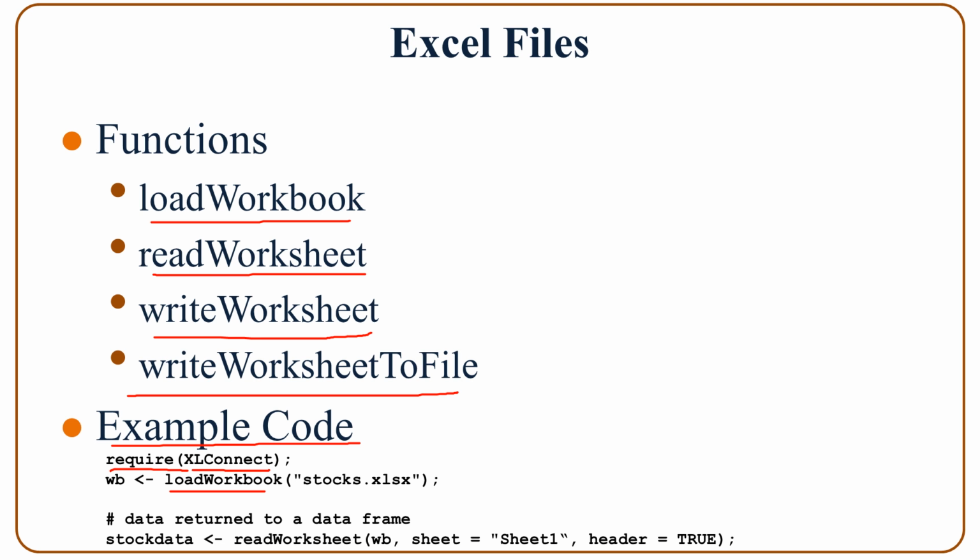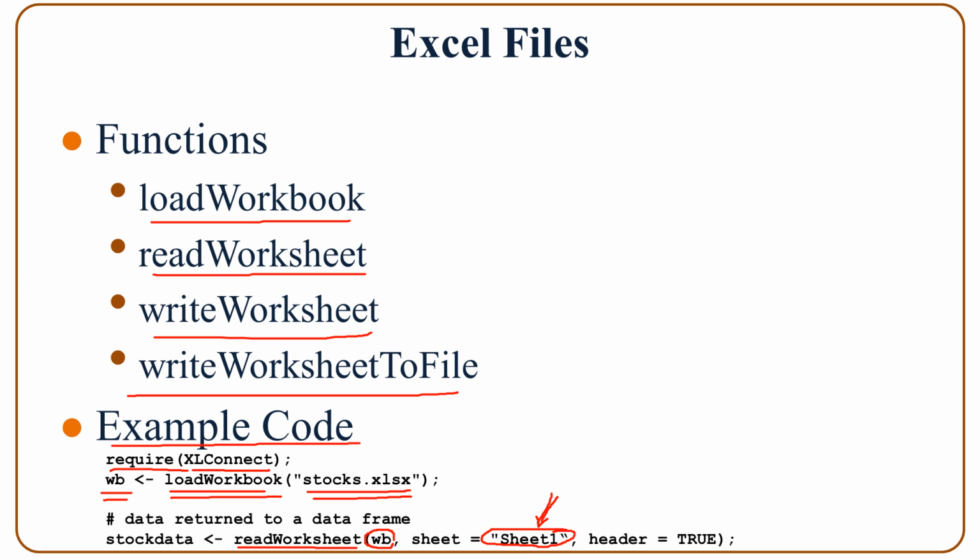Later on, if you want to read data from a specific worksheet, then you call the function readWorksheet and give it the workbook object wb, and then the worksheet you want to read from, in this case sheet 1, and you also want to specify that there is a header, so that the function knows that there is a header there.